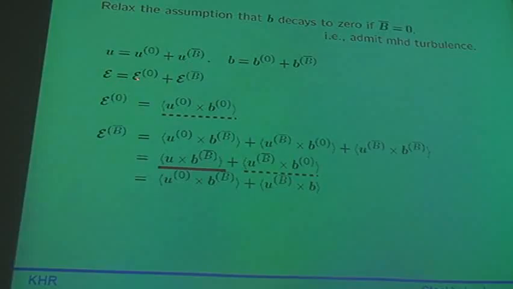Then you have, again, E equal to E0 plus EB. The E0 results from U0 plus B0, and the EB has three terms. You see it here, or you can take this term and this term together, and then it remains this term.